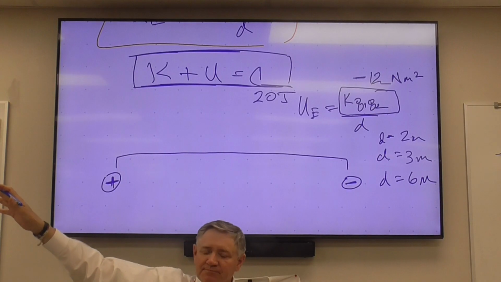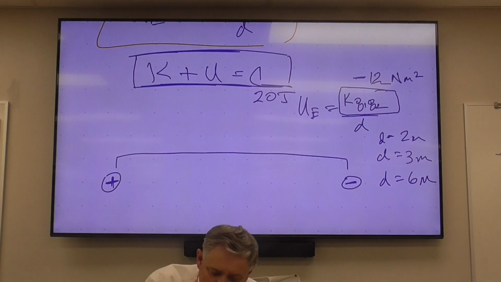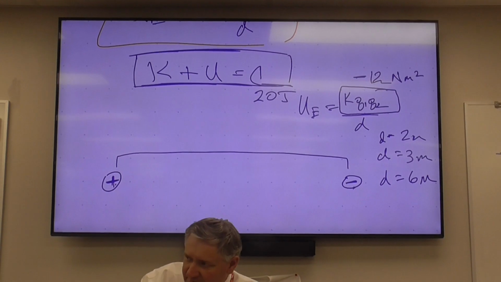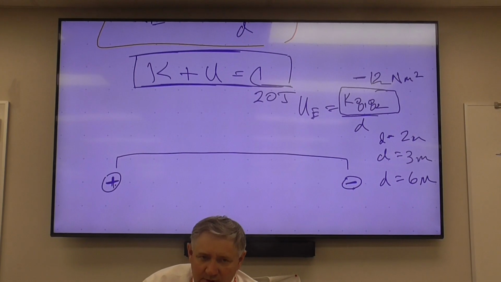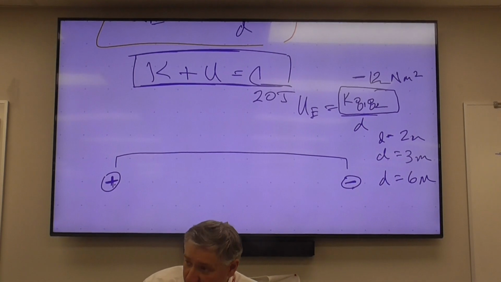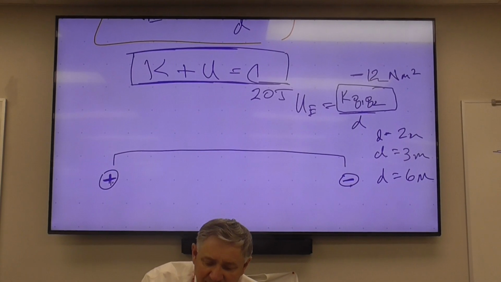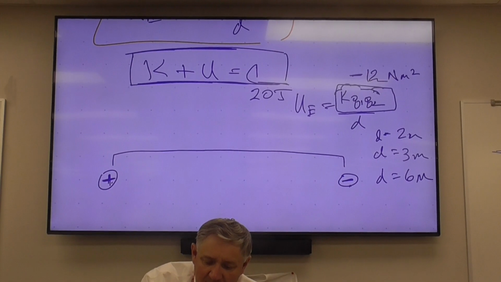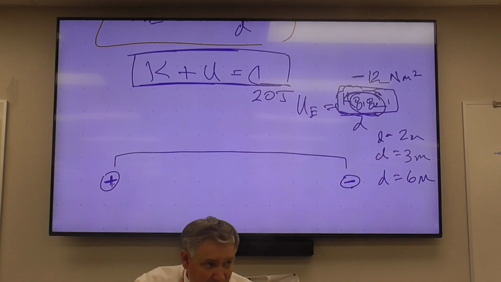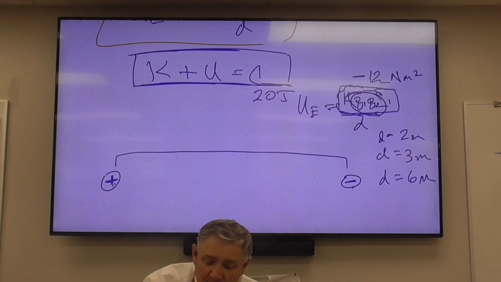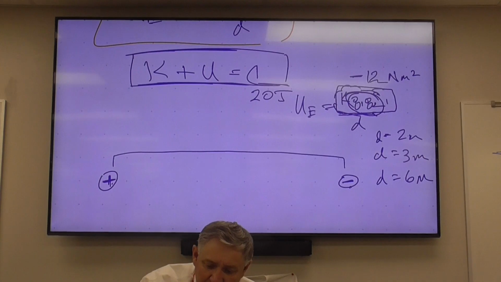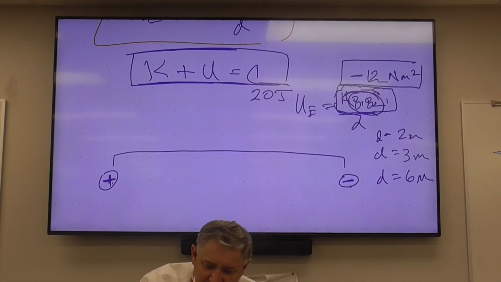It's just 20. So I'm going to have a positive charge and I'm going to have a negative charge. So do they want to attract each other or do they want to repel? They're going to attract. Now, because I have two oppositely charged particles in here, that means this number up here is going to be a negative number.